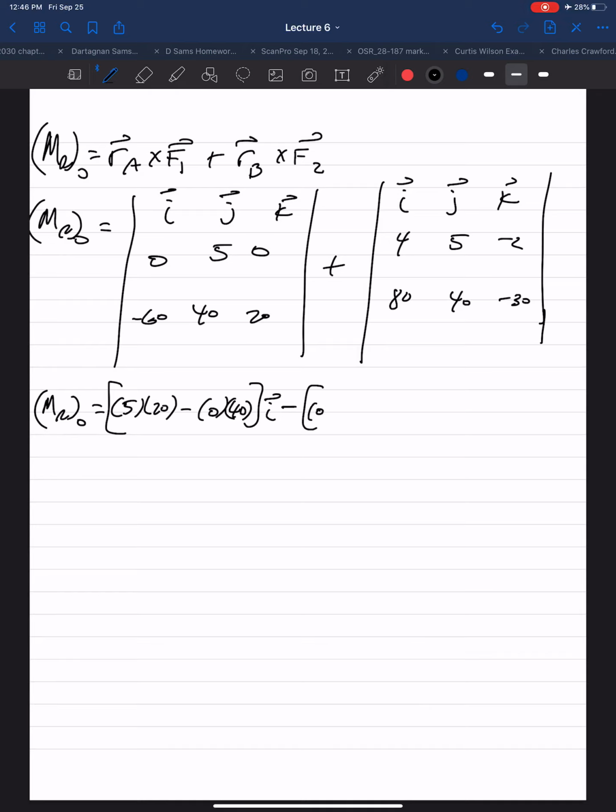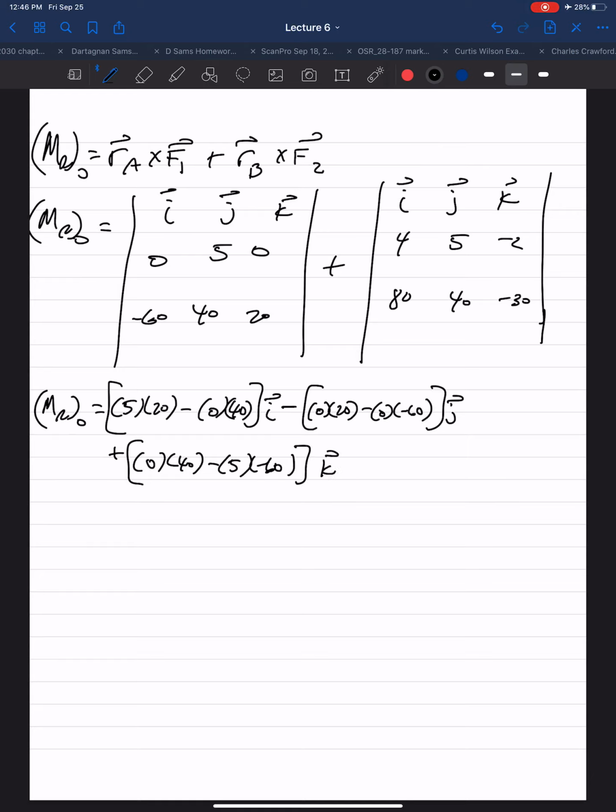So that's 0 times 20 minus 0 times 60 J. Plus, for the K, we're ignoring the top row and the third column. So 0 times 40 minus 5 times 60.